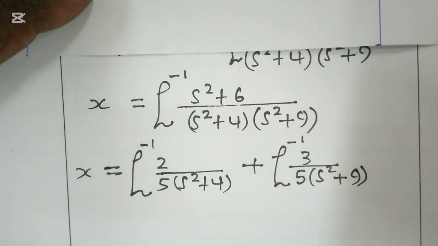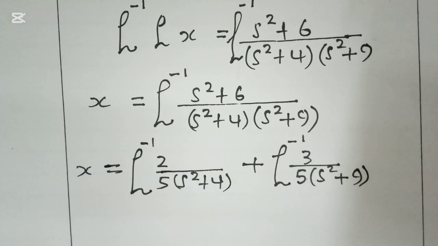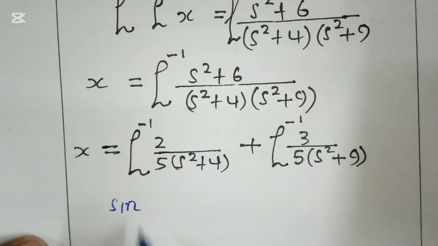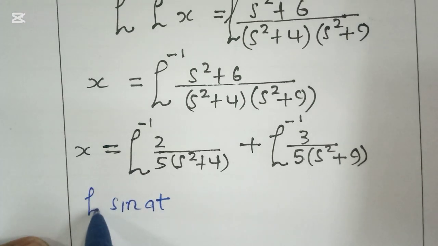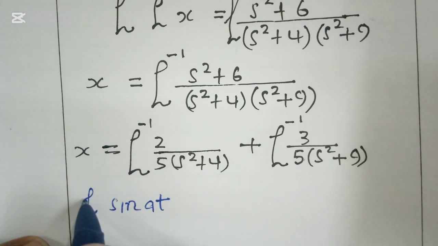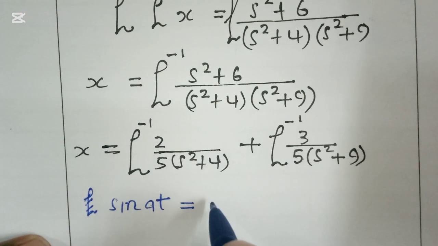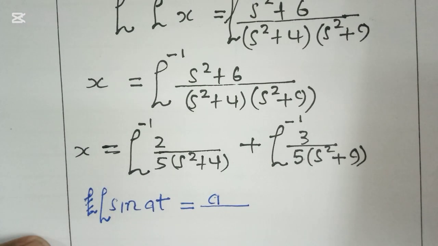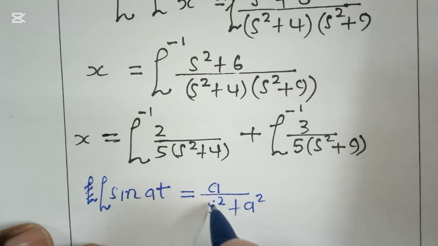Guys, when we come to this point, you need to remember that we usually have sin at, that is, the Laplace transform of sin at is given by a all over s squared plus a squared.